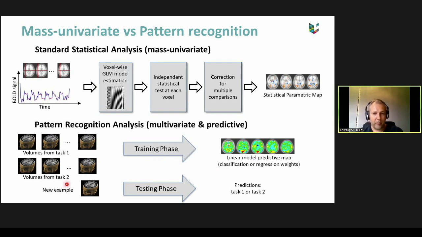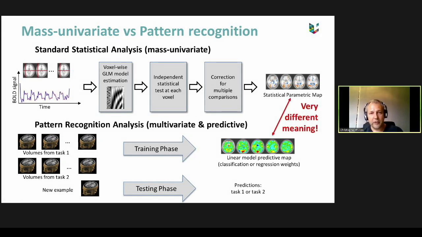Then for a new example, we can predict the label associated with those data. So it's actually working the other way around. And the key point here is really that we are doing prediction on out of sample data, while for the standard approach, all the data are used at the same time to fit the model.